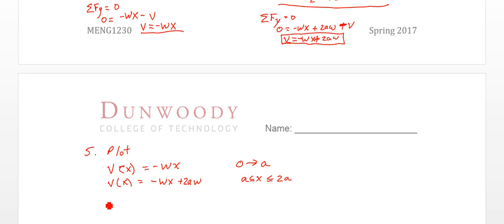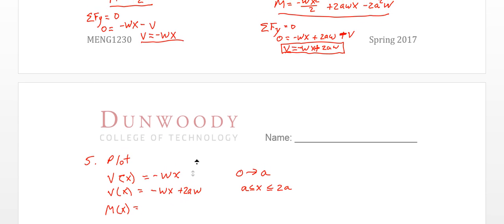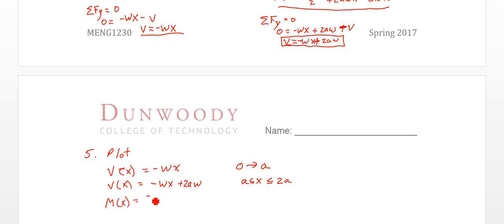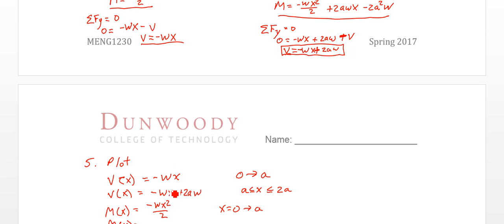And then similarly, my moment for x is going to be, for my first part from 0 to a, negative wx squared over 2, that's from 0 to a again. For x greater than a, what do we have?